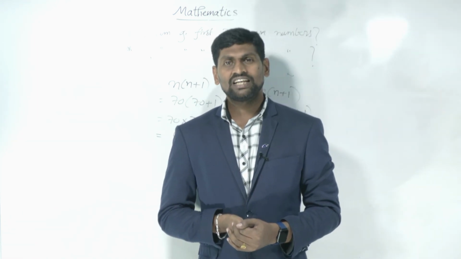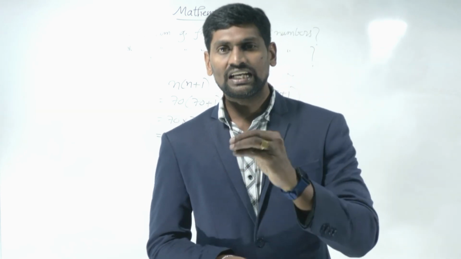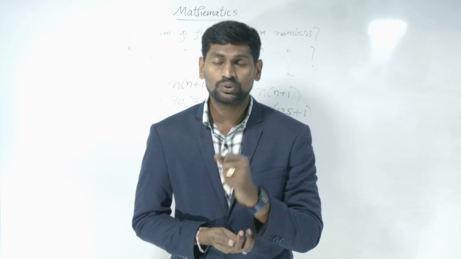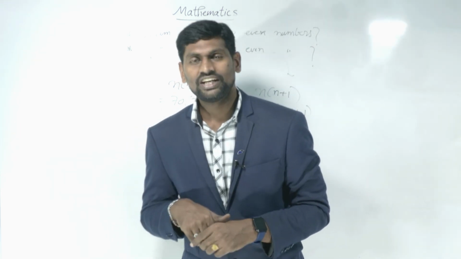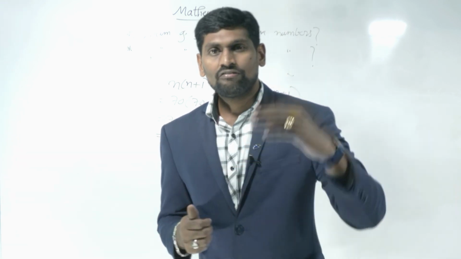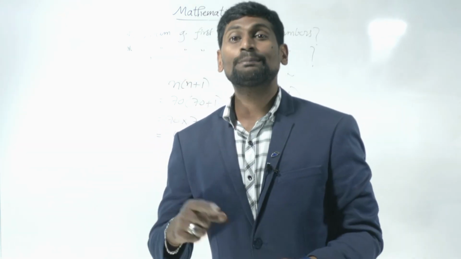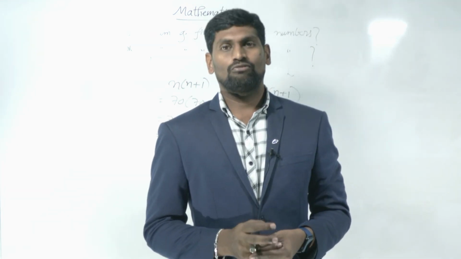So what is the additive identity for any number, whether it is natural, whole, integers? Very good. 0 is additive identity. For any integer, for any number, what is multiplicative identity? 1.